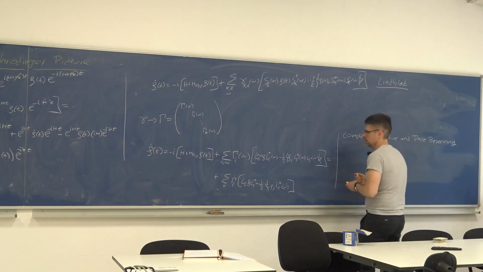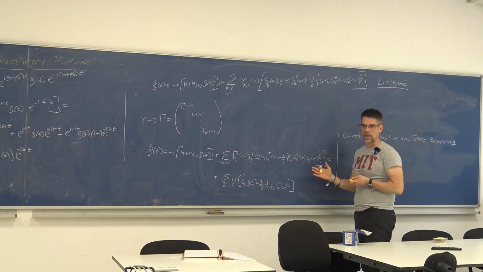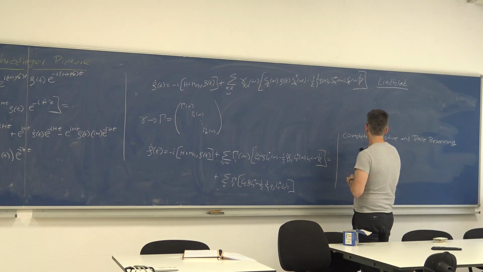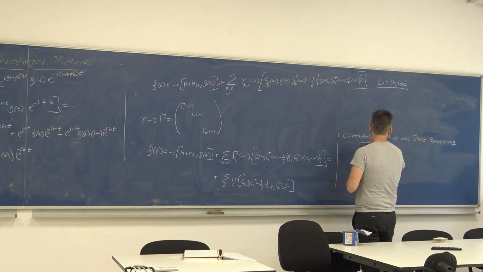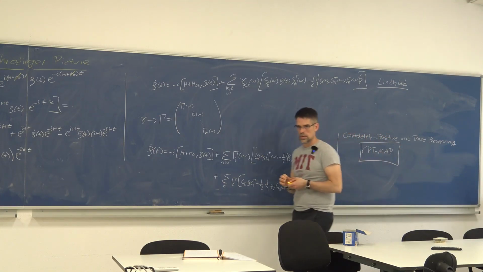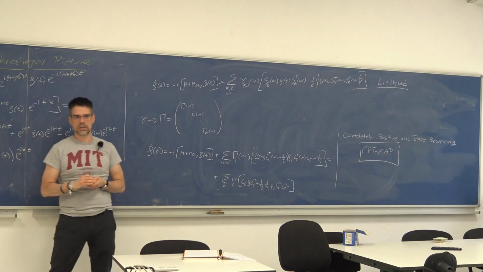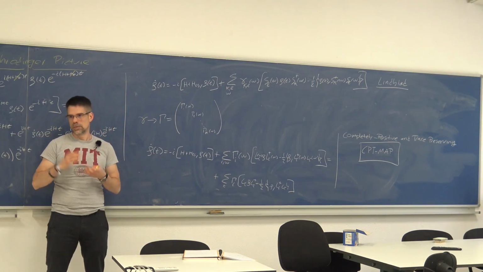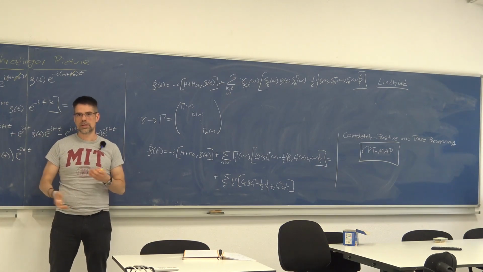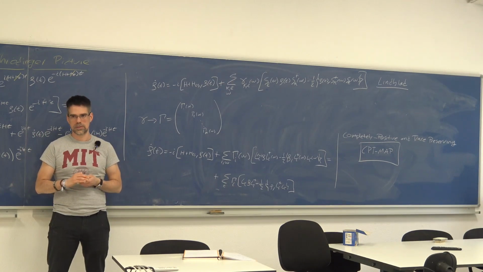So it generates a transformation, what we call a map, that is a CPT map. And this we will prove, Michalis will prove in other lectures that will come. There is another derivation of this, and we talk about channels and so on and so forth.